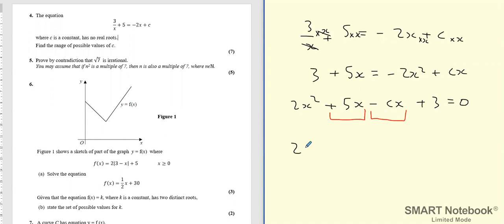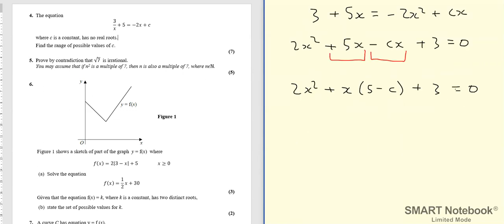We can combine them by factorizing x out of those two terms. So it's x times 5 minus c, plus 3 equals 0. So hopefully you are happy with everything up to that point.